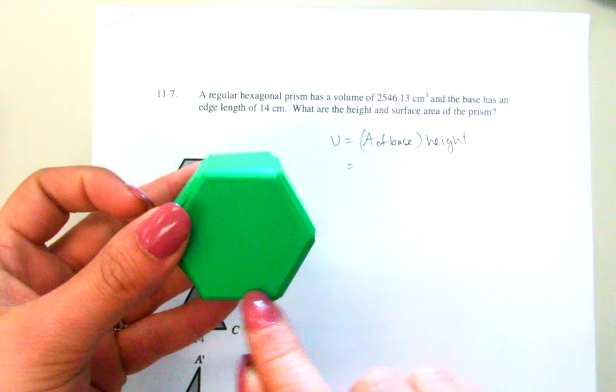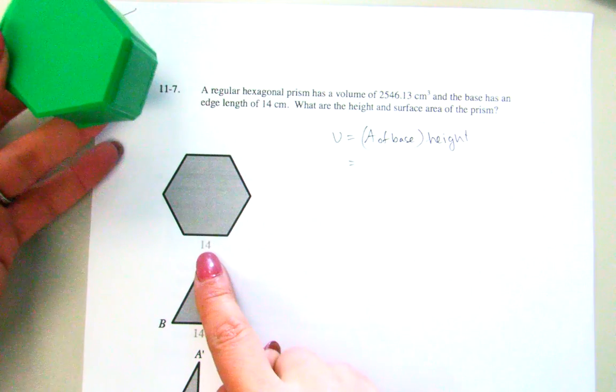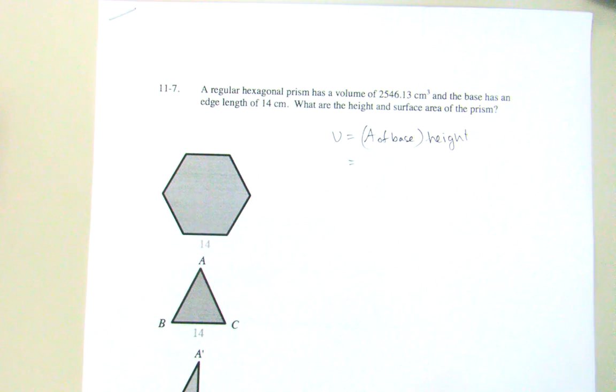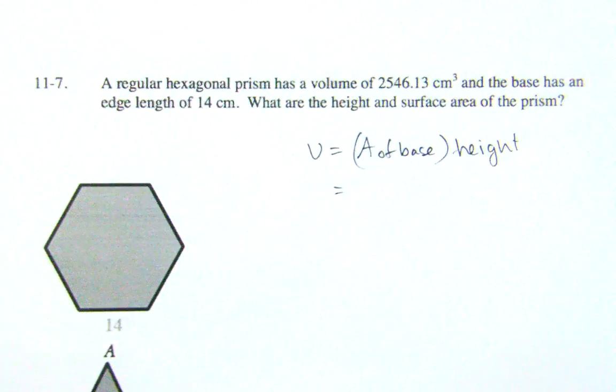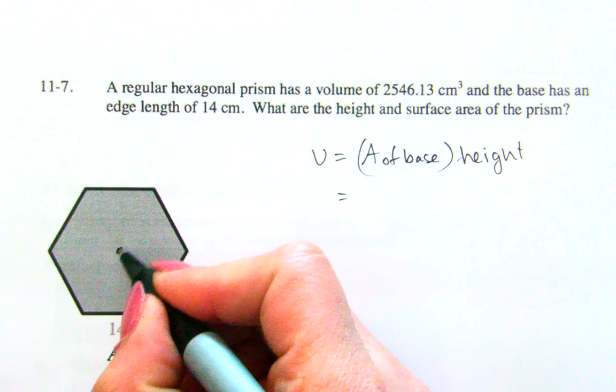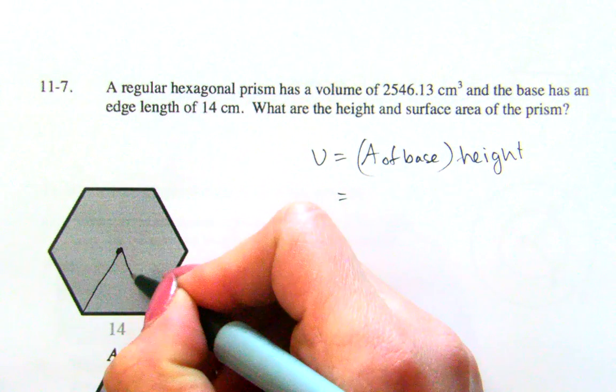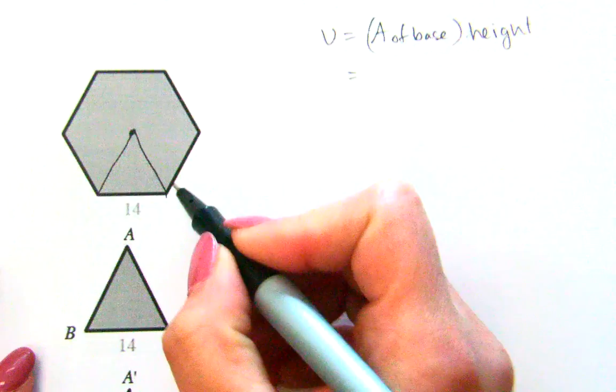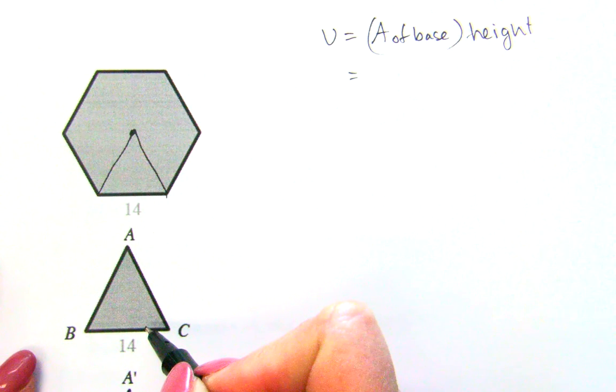So 14 is this little piece right here in this picture. Please pause the video and copy down the drawings first, because we're going to be working off of these. So we have 14, and we're going to find the area of the hexagon, which gives us this piece right here.